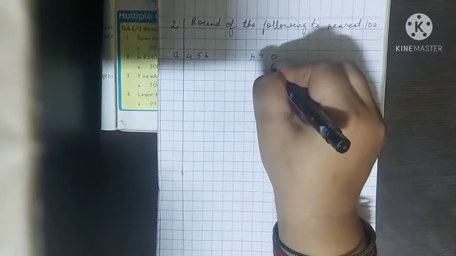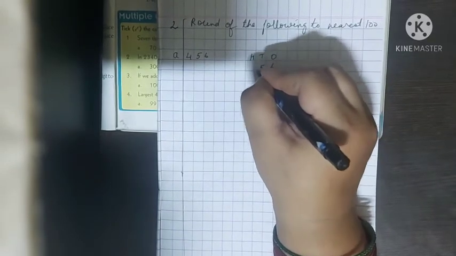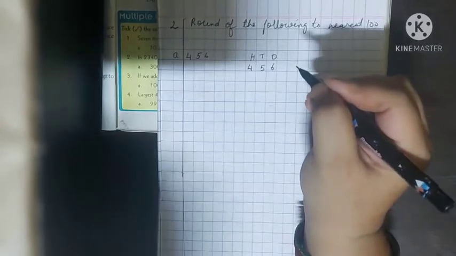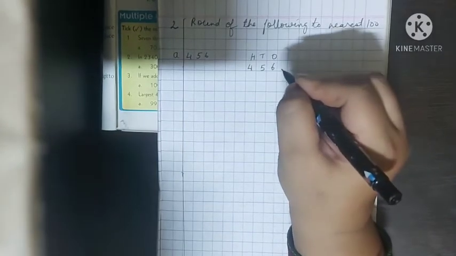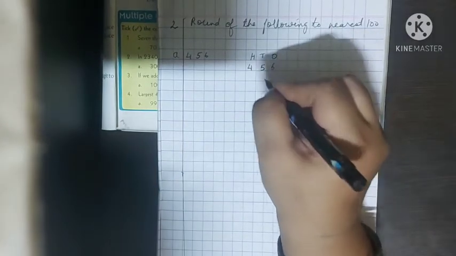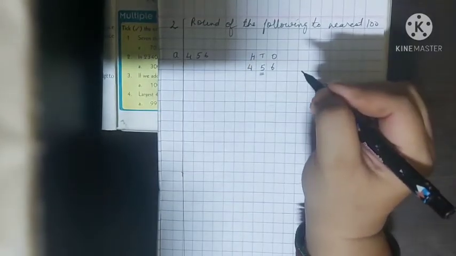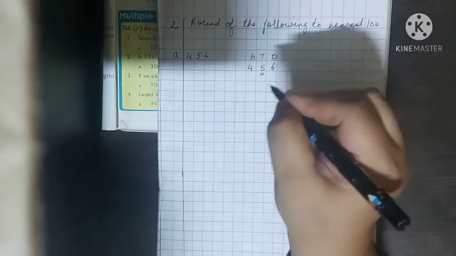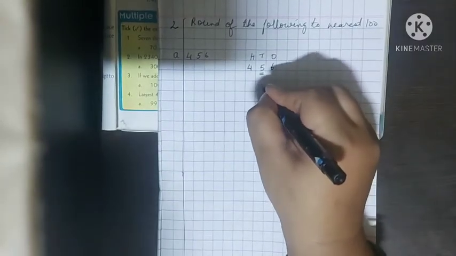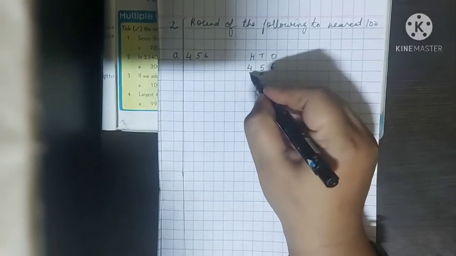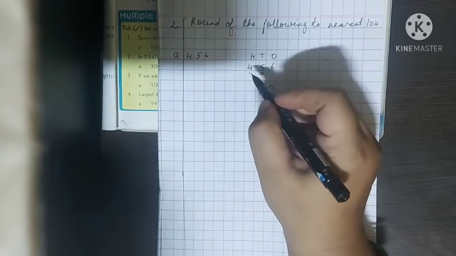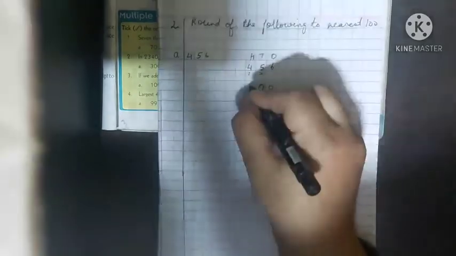So 6 will be in ones place, 5 will be in tens place and 4 will be in hundreds place. Now what is the number at tens place? That is 5. So when it is 5 or greater than 5, then ones and tens both are converted into 0 and we add 1 to the number at 100 place. So here 100 place is 4. So 4 plus 1 will become 5.